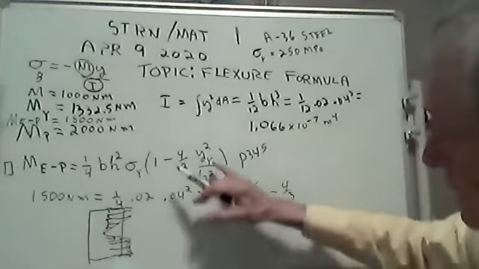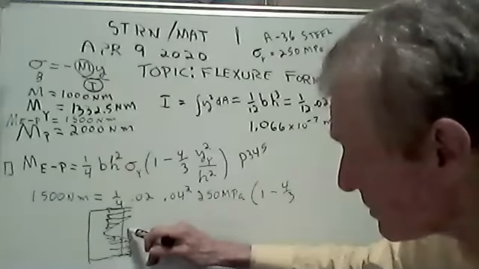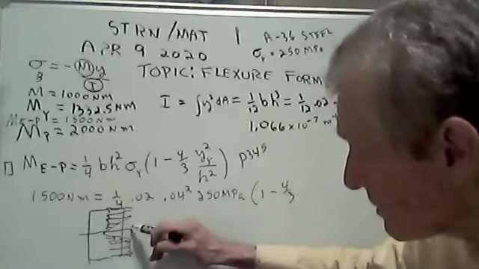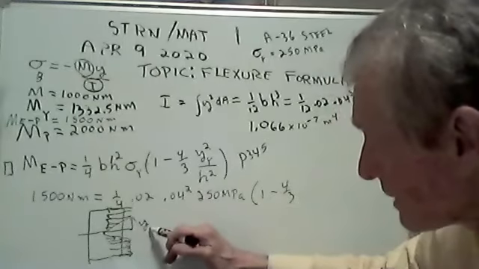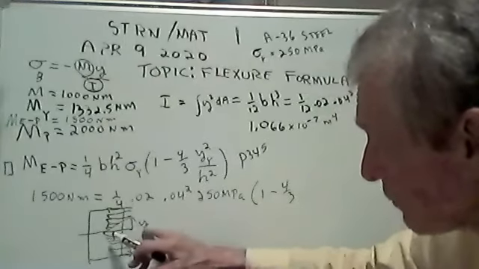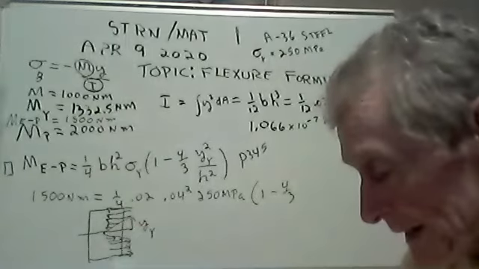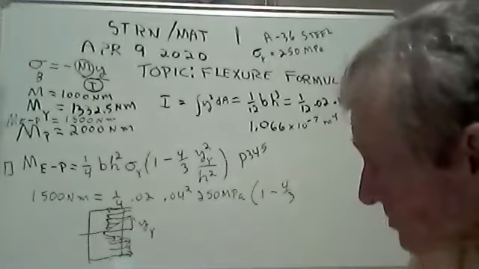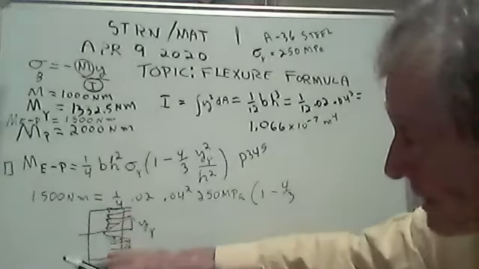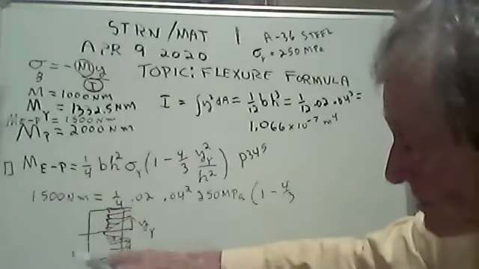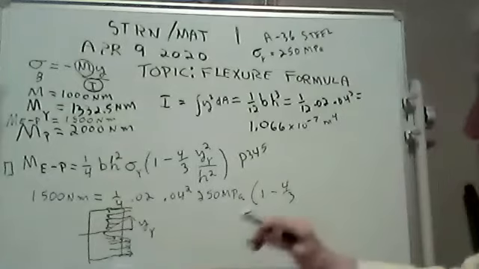And what this y sub y is, it's the distance from the center to where it goes fully plastic. That y sub y gives you the size of the elastic region. See, the outside goes plastic, the top and bottom goes plastic, but in the middle, you still have an elastic region.